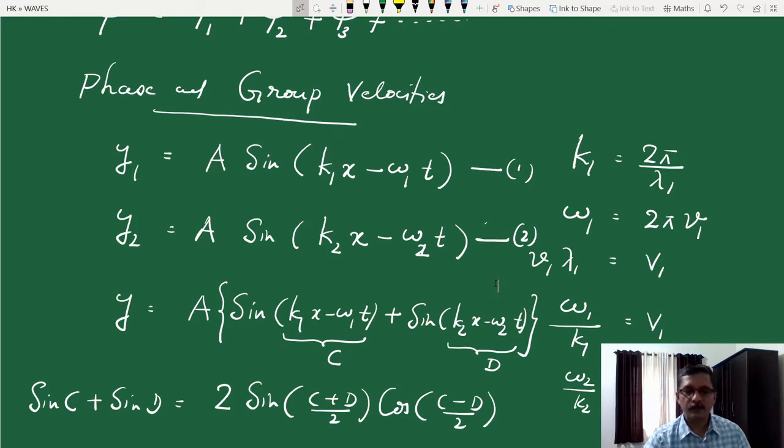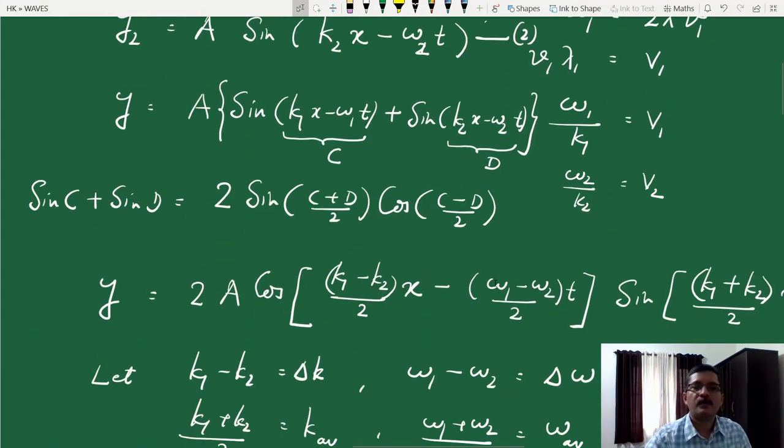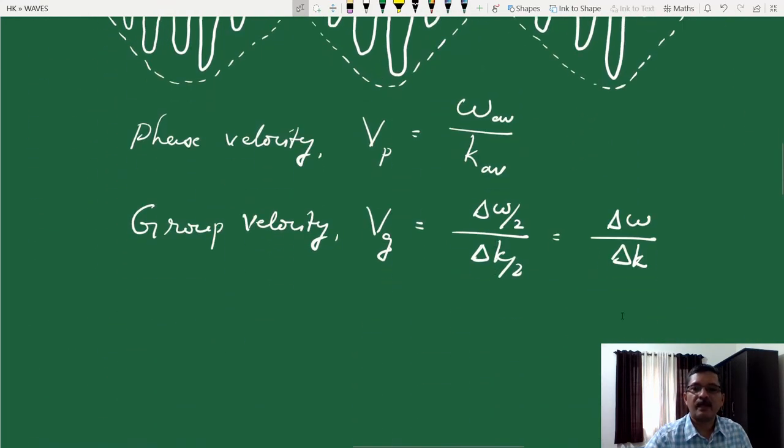Okay, so if the k values and omega values of the individual waves become very close together, and then if we again calculate the resultant wave, we can see that the expression for the phase velocity part will be the same, omega average by k average, where omega average is omega 1 plus omega 2 plus omega 3, etc., divided by the total number. Similarly for k average.